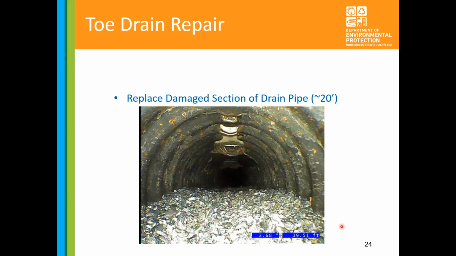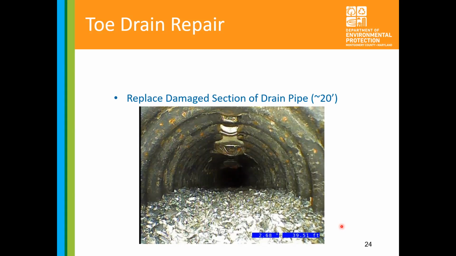Yeah, I just want to add, this pipe is located deep inside the embankment. And the only way we could see that is using a closed circuit TV camera, which was done as part of our inspection. That's when we discovered this hole at the top. We could never detect this otherwise.